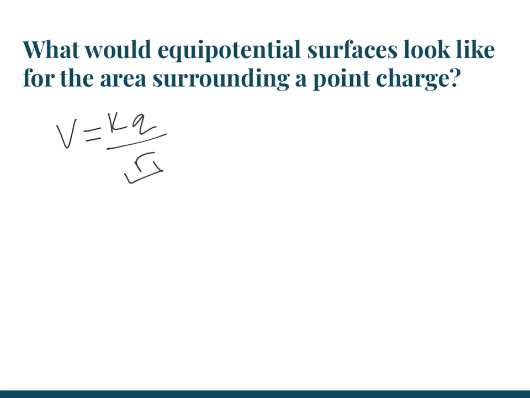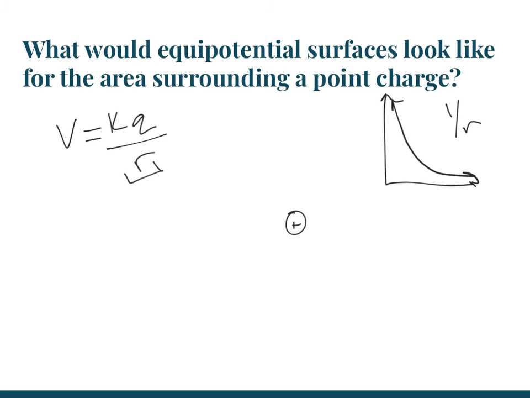So as you get further away from a point charge, the potential is going to decrease. And it's going to decrease kind of in a manner like this, because it's a rational function, 1 over r. So it decreases pretty rapidly at first, and as you get further away, the slope decreases, and it decreases less rapidly, which was a lot of words all at once.